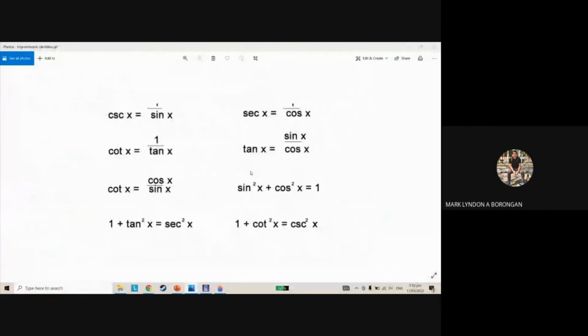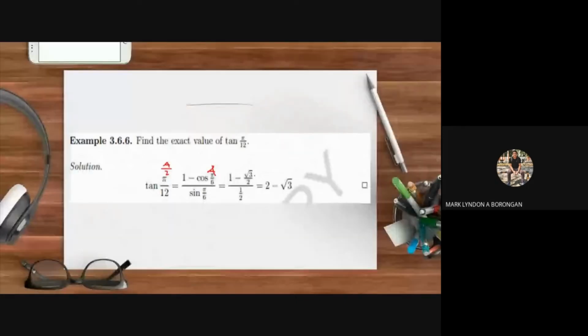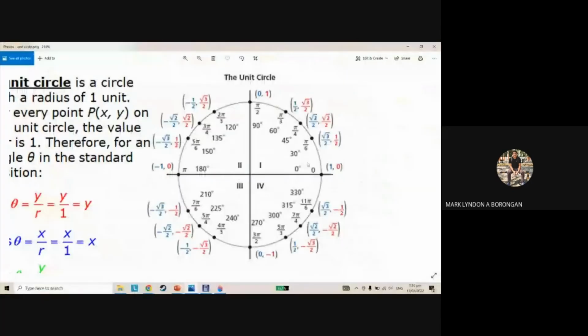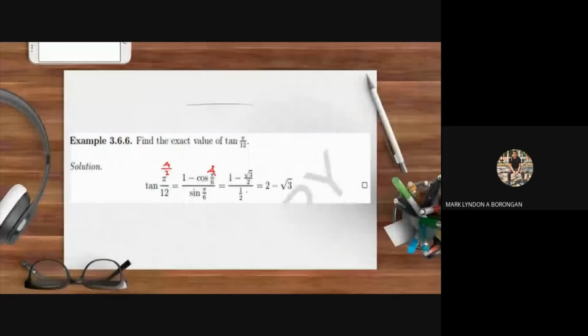Substitute it here. The sine of pi over 6 is 1 half. Then when we simplify, you'll have 2 minus the square root of 3.